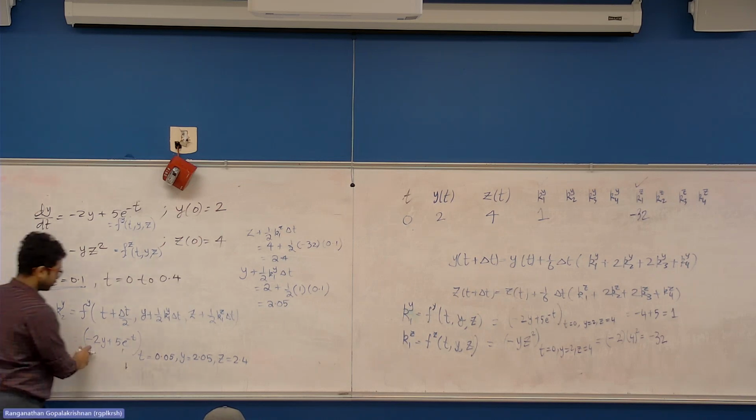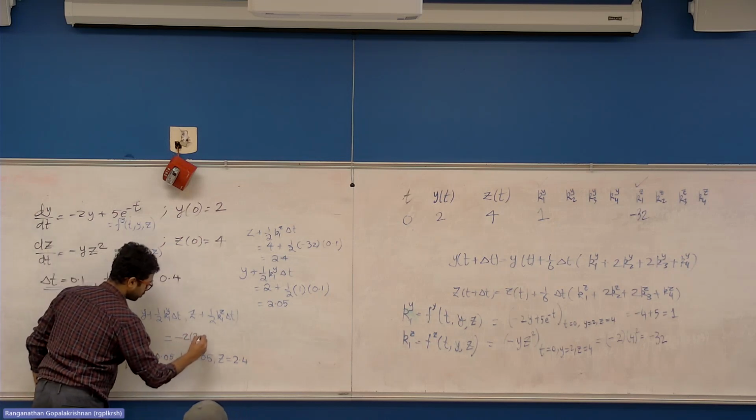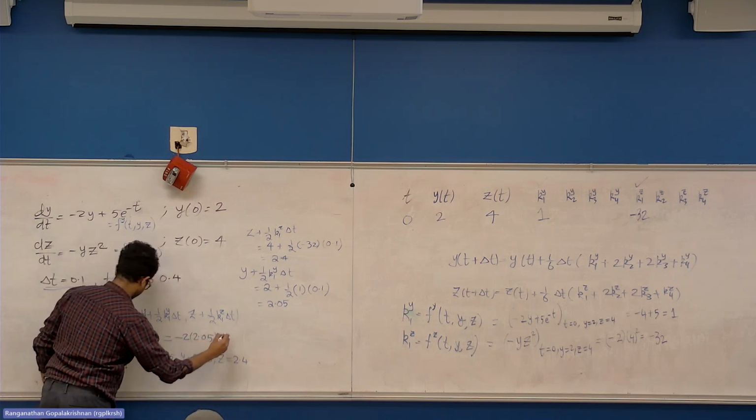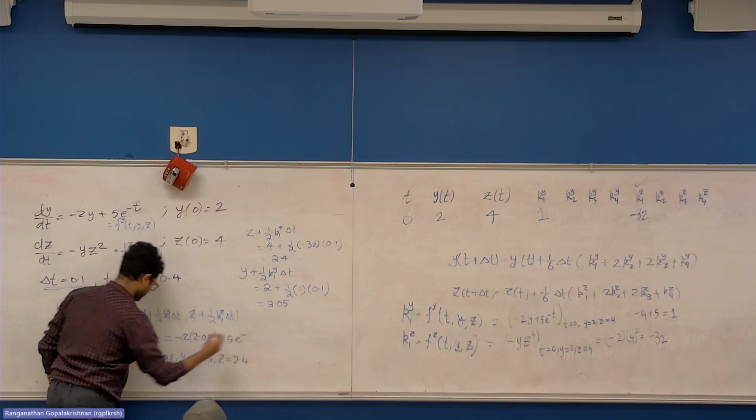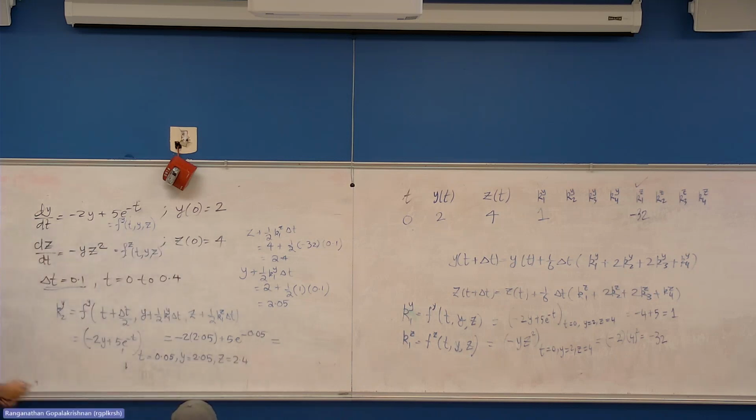Which if I substitute, I'm going to get minus 2 times 2.05 plus 5 e power minus 0.05. Punch it and tell me, please.